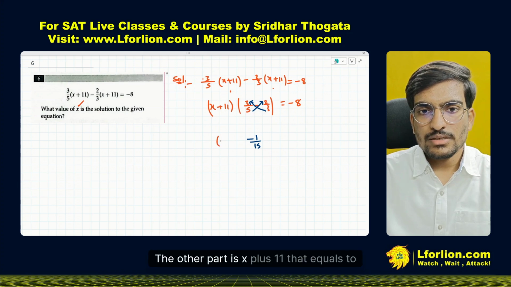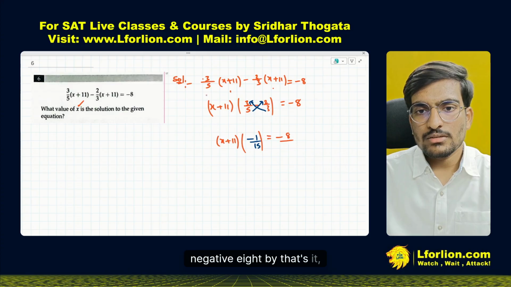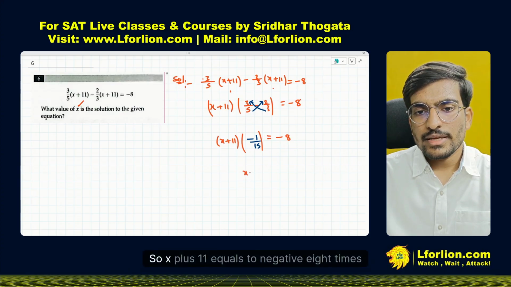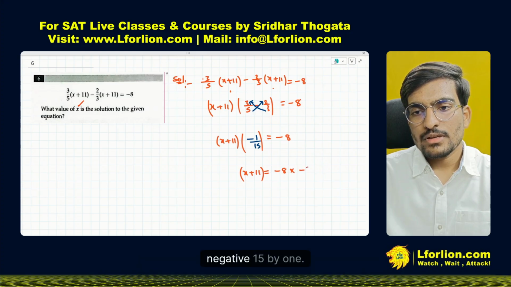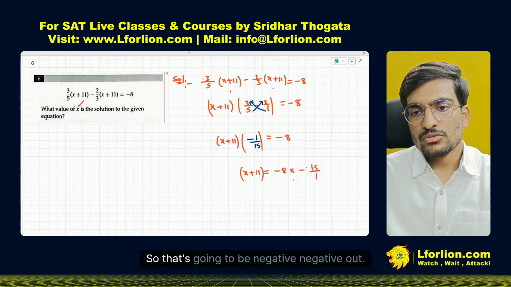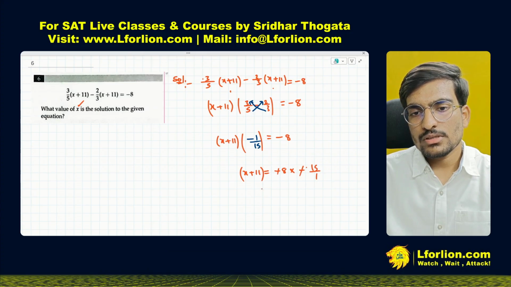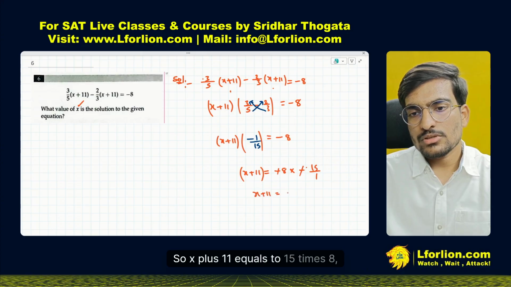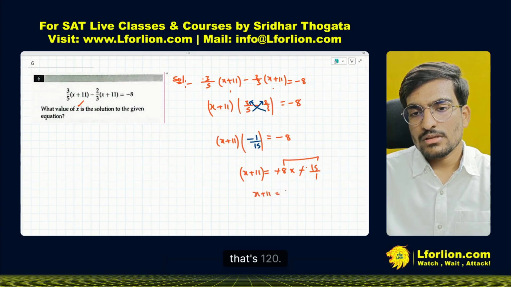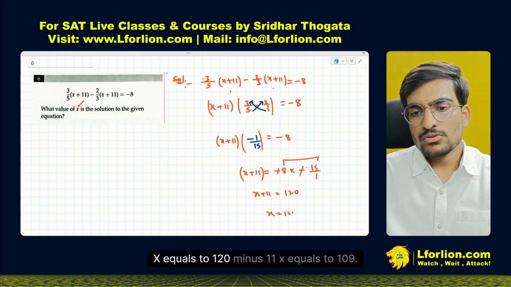The other part is x plus 11, that equals negative 8. So x plus 11 equals negative 8 times negative 15 by 1. So that's going to be negative negative cancels out. So x plus 11 equals 15 times 8, that's 120. x equals 120 minus 11, x equals 109.